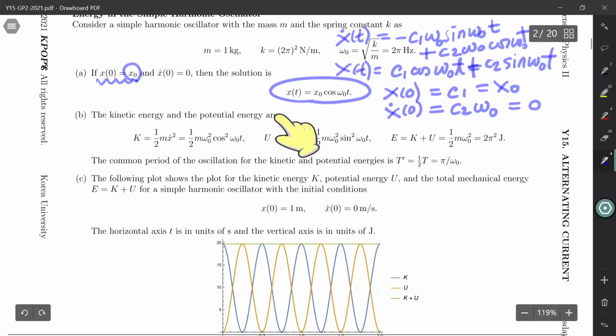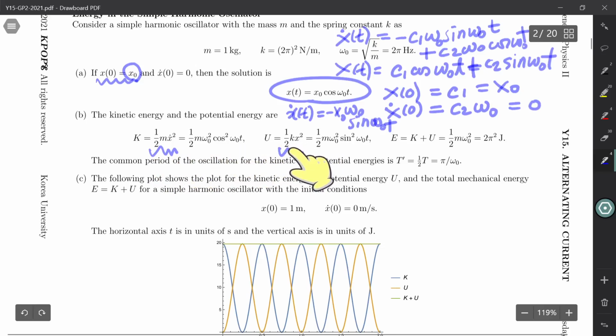Then we can compute the velocity, the kinetic energy and the potential energy.